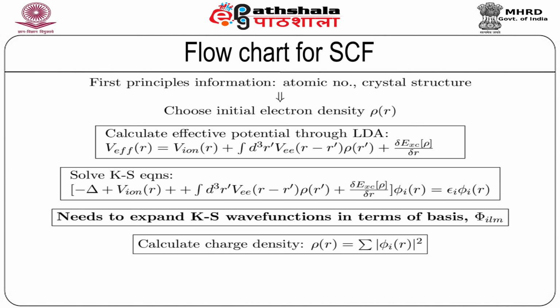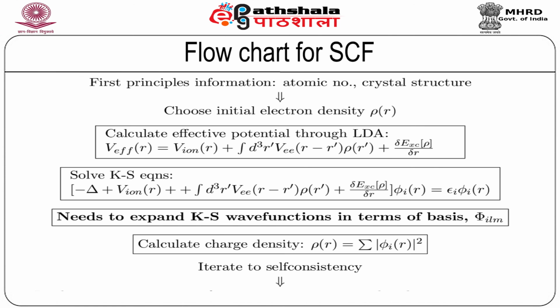And from this, one can calculate the new charge density, since we know this Kohn-Sham wave function by solving this Kohn-Sham equation, which is given by rho(r) is equal to the summation of modulus psi i squared. So this is the new density, which can be put here, that we replace this initial density with this new density, and we continue this cycle until the difference between this new density and the old density becomes less than a minimum value.